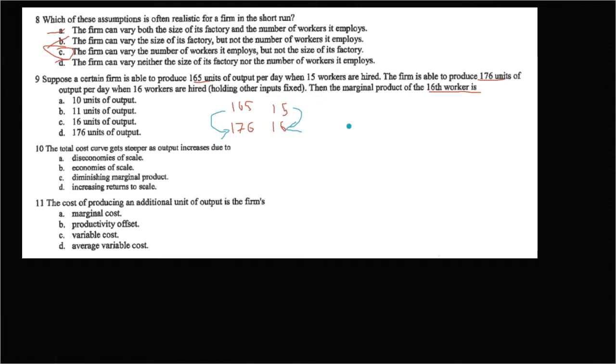For those of you who have taken calculus, this is basically the derivative at this point, or the change in y over change in x, where the change in x in this case is 1, and the change in y is 176 minus 165, and that is 11.